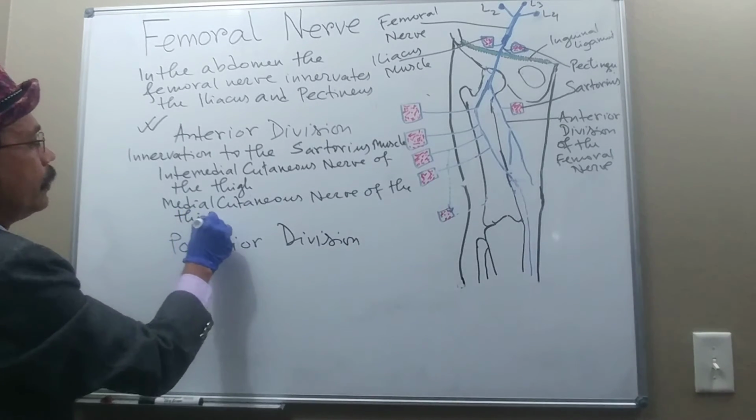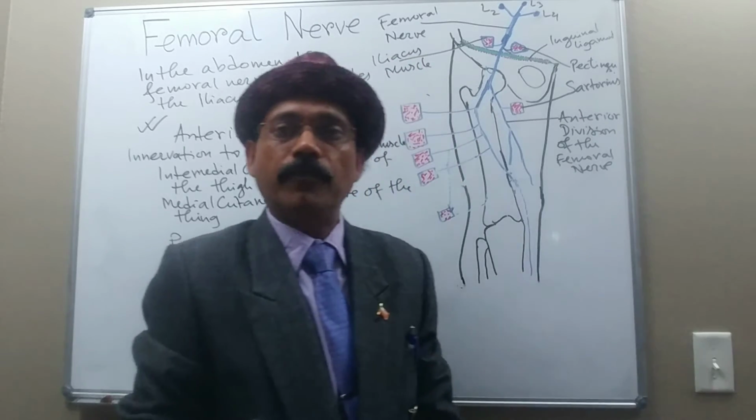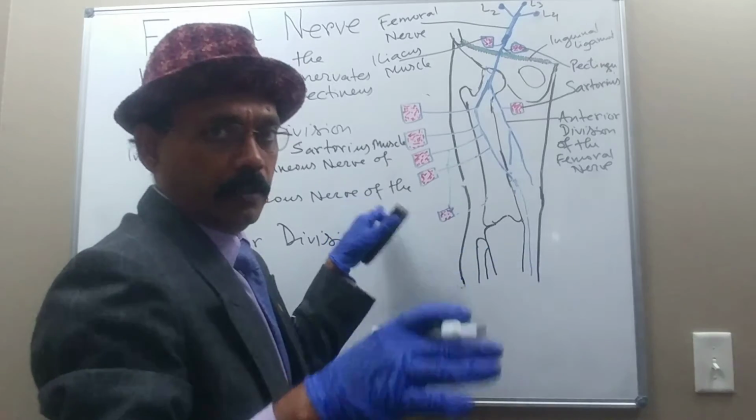These cutaneous nerves penetrate the fascia lata, the deep fascia of the thigh, and then innervate the skin.